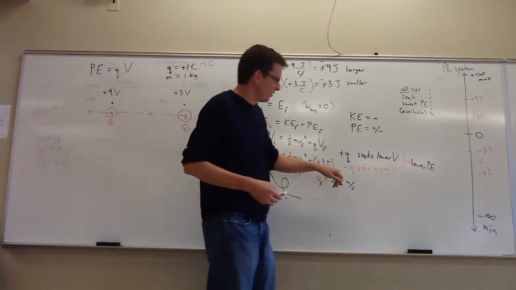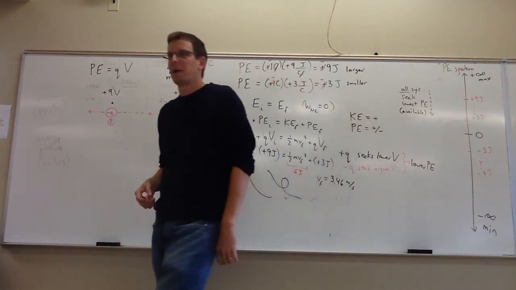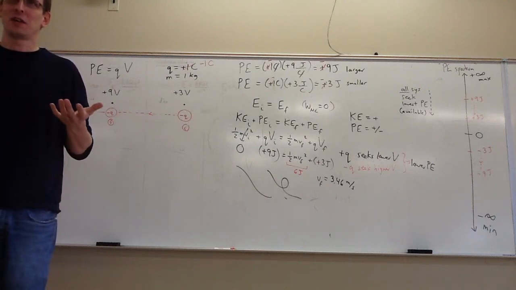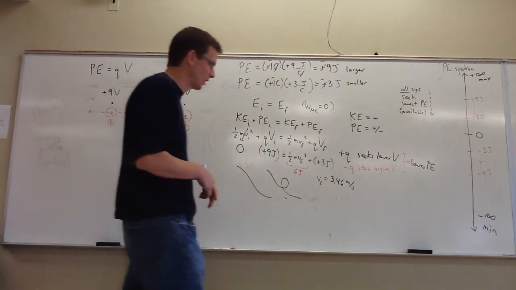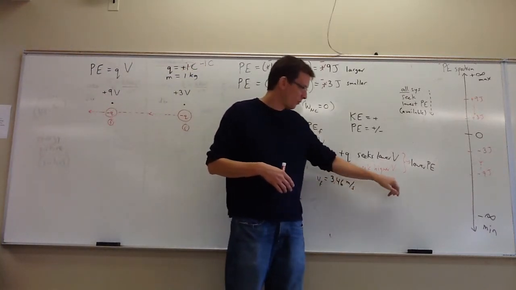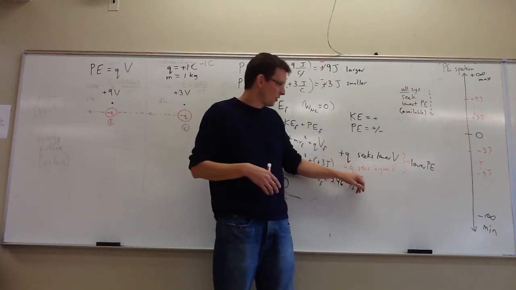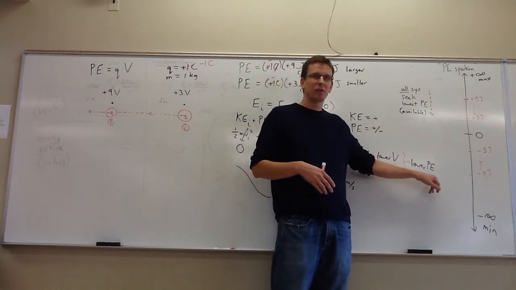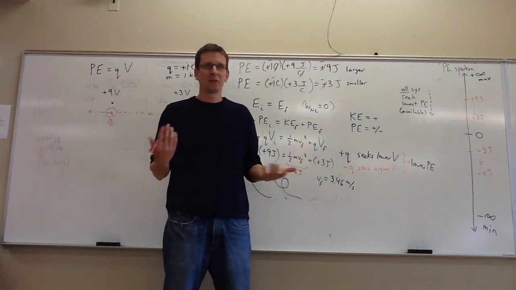Now this second statement, minus charges seek higher voltage to get to lower potential energy, this is where the official name for voltage starts to sound self-contradictory. Let me replace voltage with its official name, electric potential. Minus charges seek higher electric potential to get to lower electric potential energy. Let me repeat that. It just sounds like I contradicted myself.